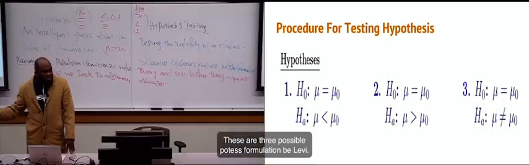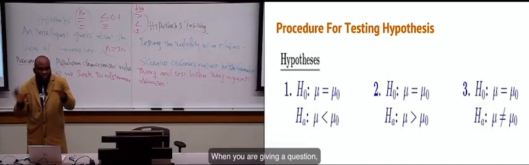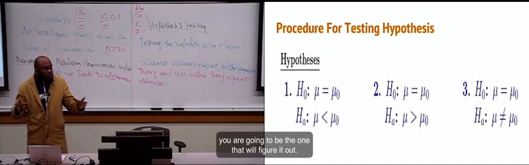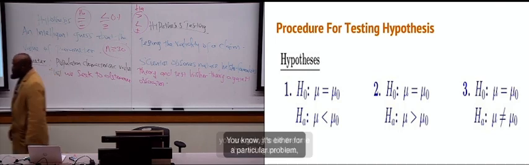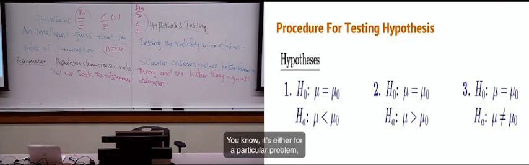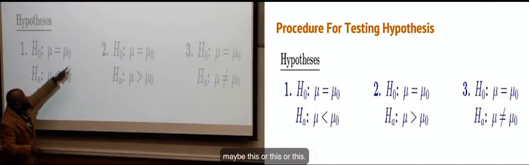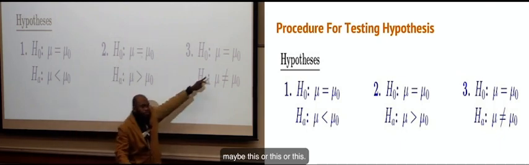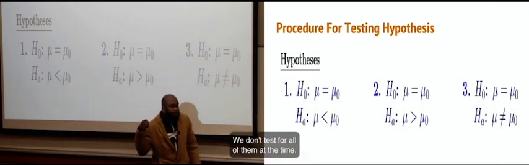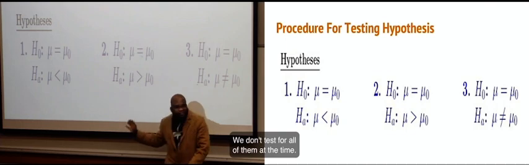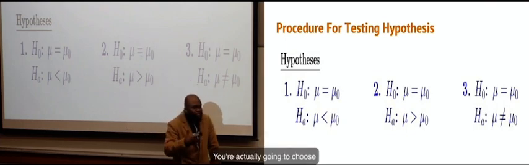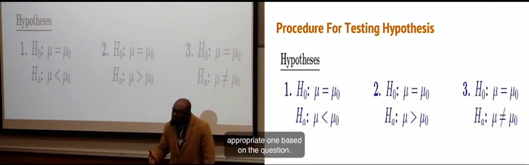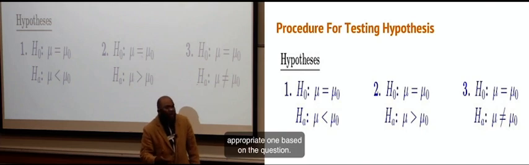But let me tell you this. When you are given a question, you are going to be the one that will figure it out. For a particular problem, what you want to test may be this, or this, or this. We don't test all of them at a time. You're actually going to choose the appropriate one based on the question.